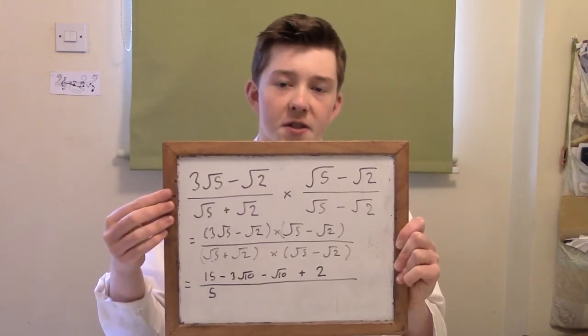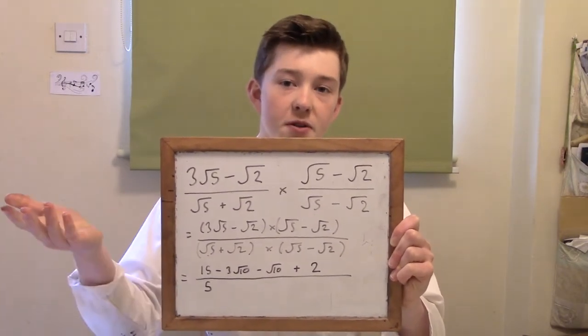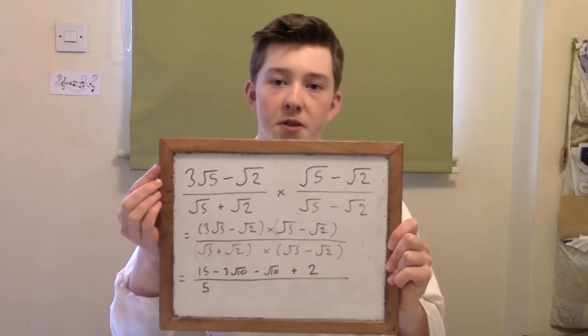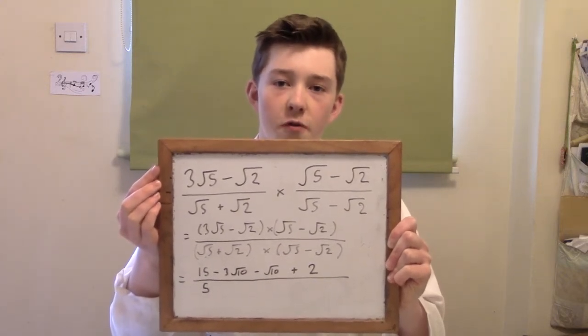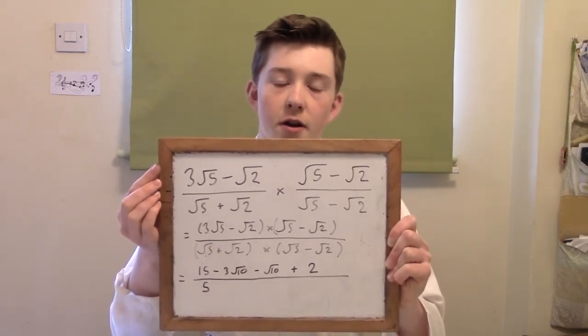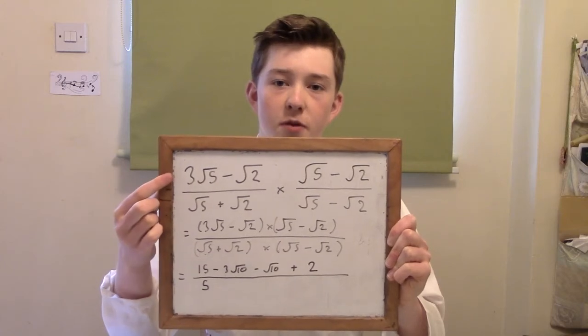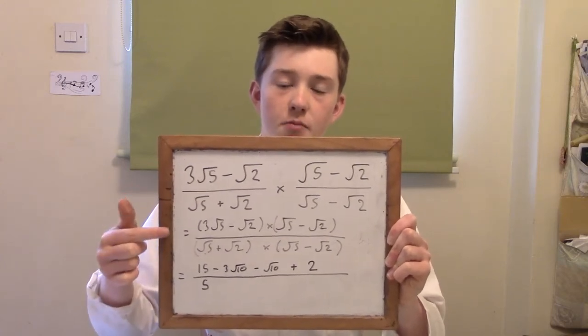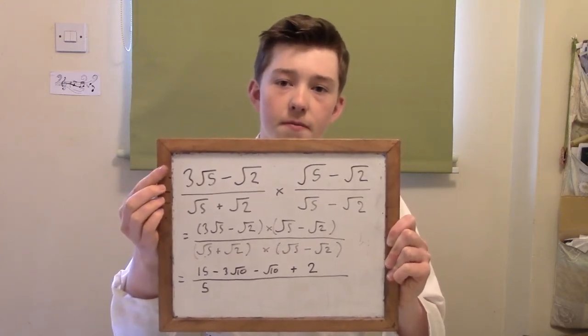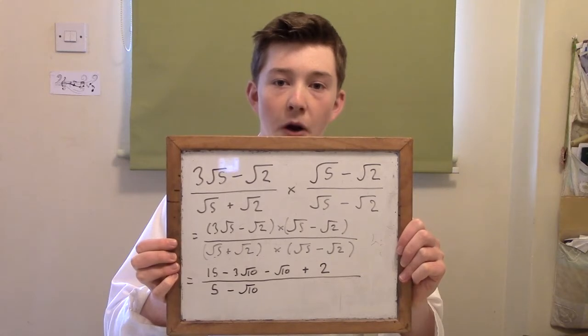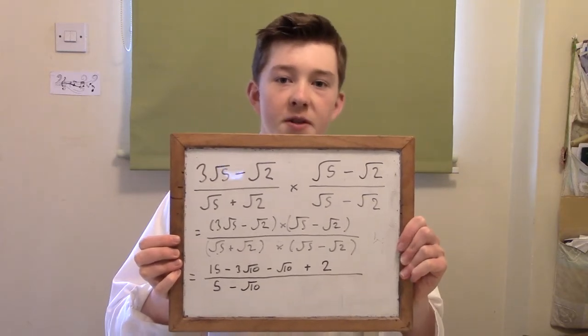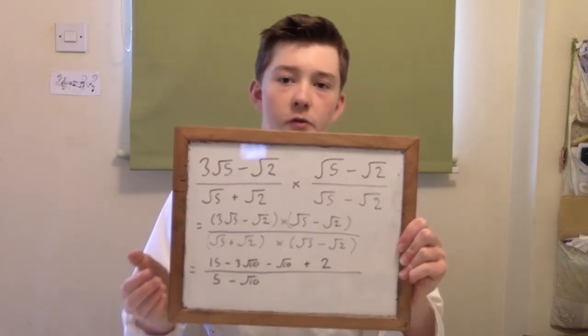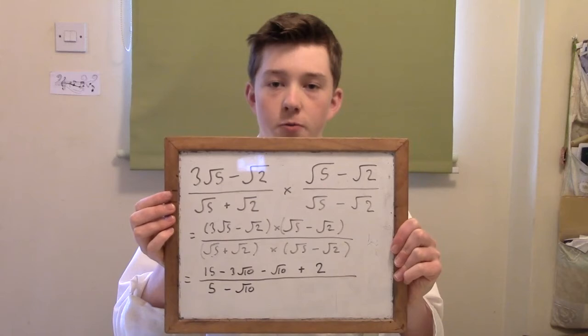What's going to be the first number? Well, as you can see, it's 5, because we're simply multiplying together root 5 and root 5, the first numbers in both of the brackets on the denominator in the previous line of the equation. The next number is minus root 10, because again we're multiplying root 5 by minus root 2.